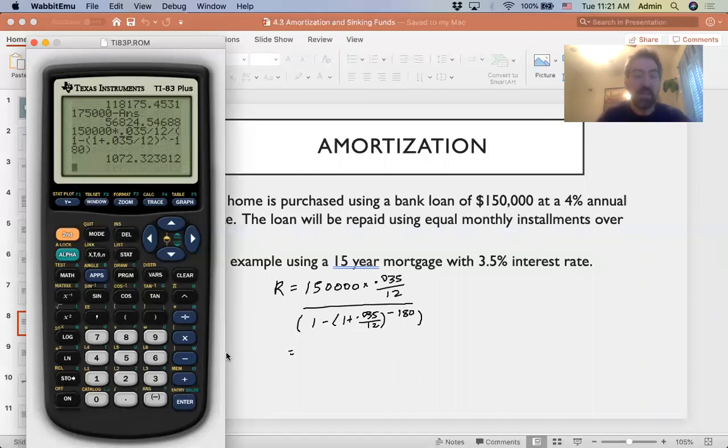Okay, so our monthly payment went from $716.12 to $1,072.32. All right, so we're paying about an extra $350 a month.